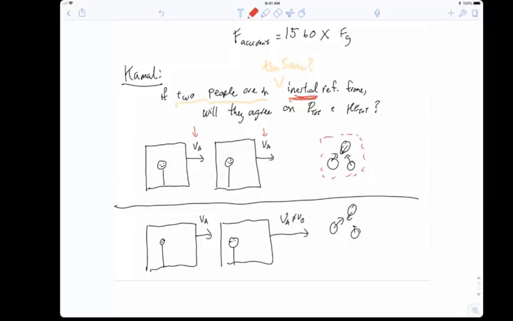Momentum is conserved, energy is conserved. That's what inertial reference frames tell you. But because they're moving in the same inertial reference frame, because their velocities are the same, they're going to describe each of the objects having the same velocity, and they're going to describe the same kinetic energy and the same momentum.